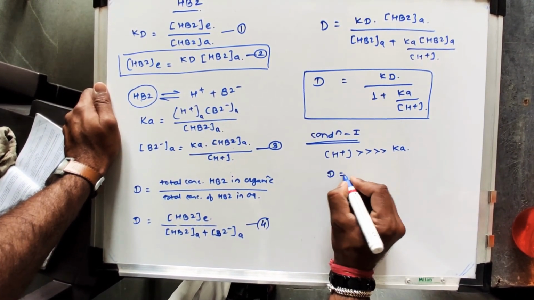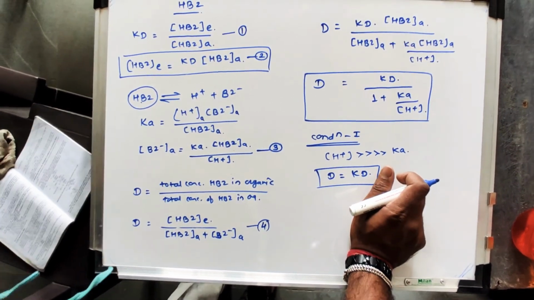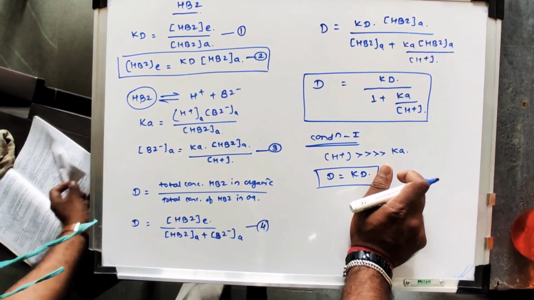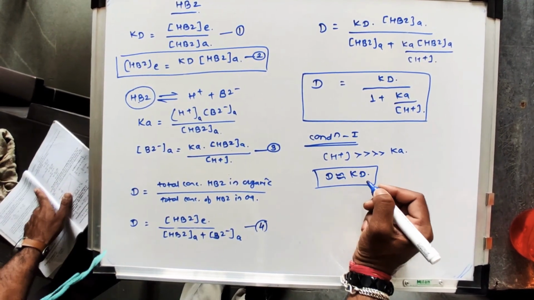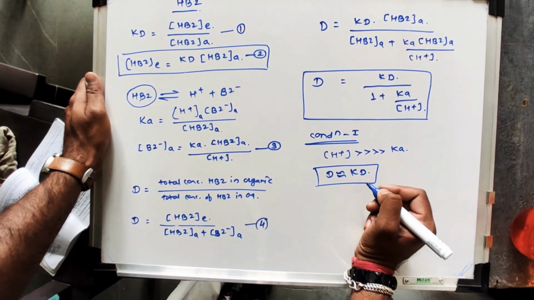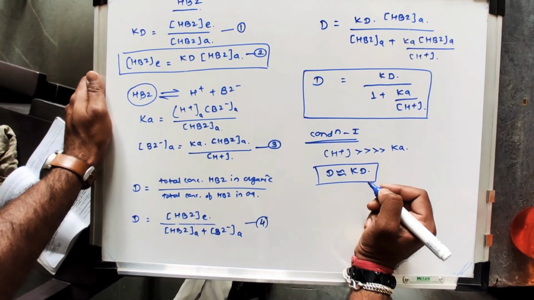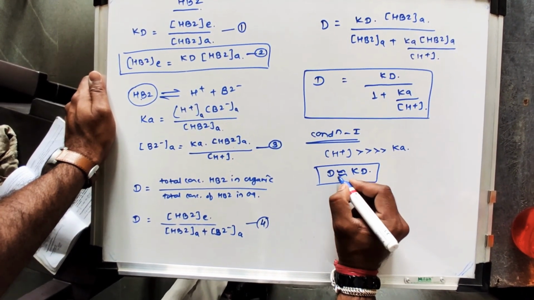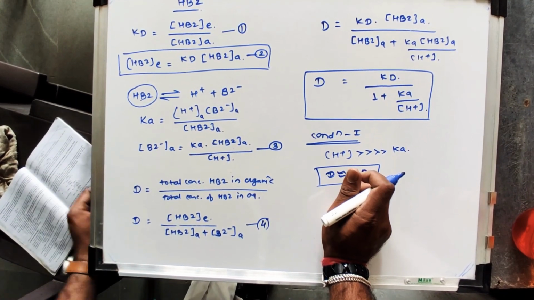Then we can say that D is nearly equal to KD. This means the solution of benzoic acid remains mostly undissociated and gives a large value of D.